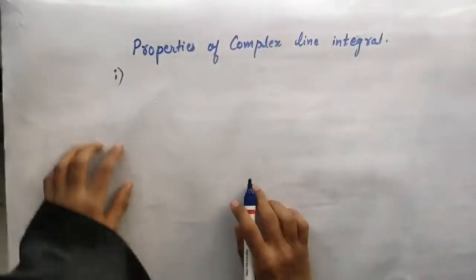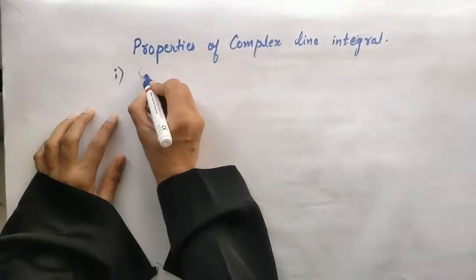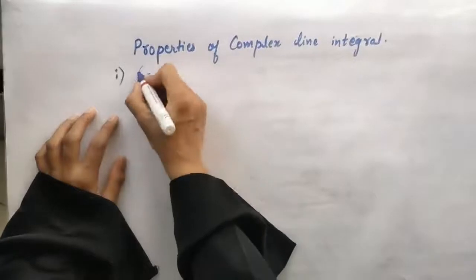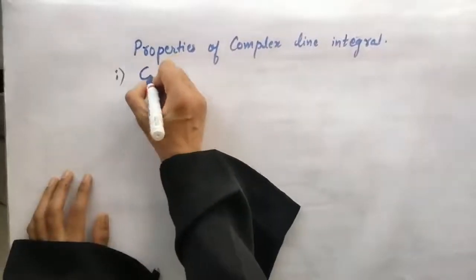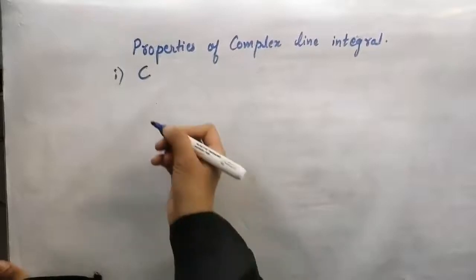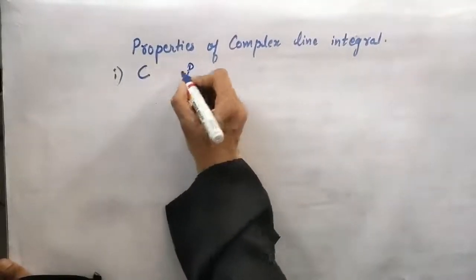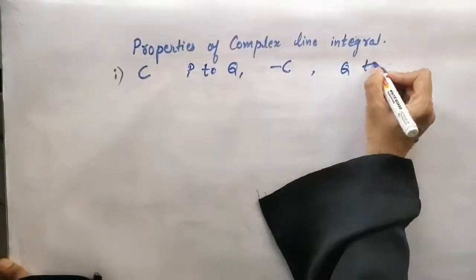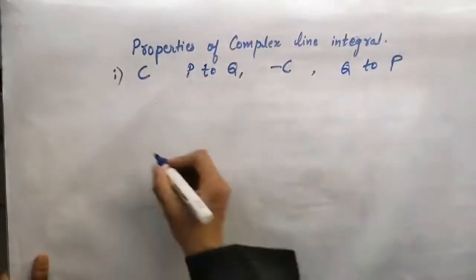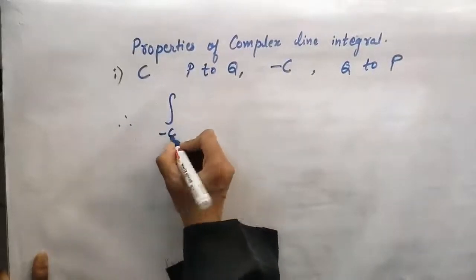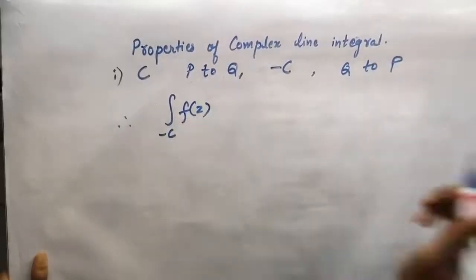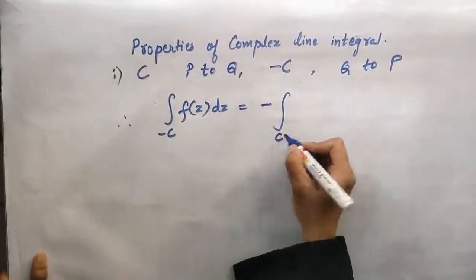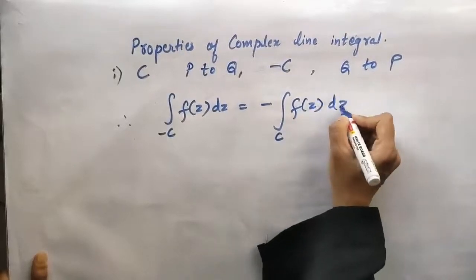Now see, for any curve C, suppose it is connecting the point from P to Q. Then minus C will connect the point from Q to P, is it not? Therefore, integration over the curve minus C f of z dz will be equal to minus the integral over C f of z dz.